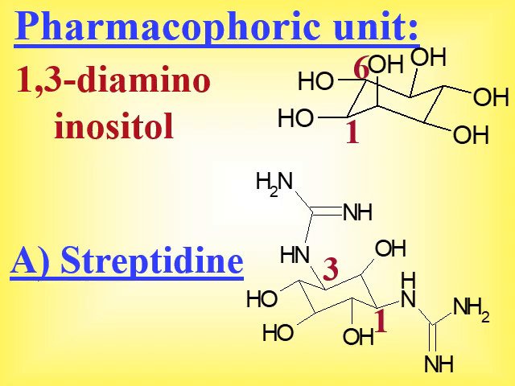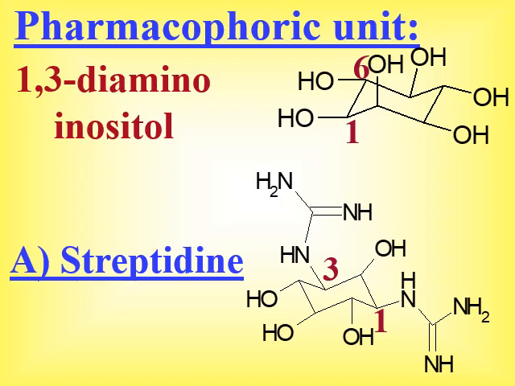Pharmacophoric unit. The aminoglycosides are formed of 1,3-diamino-inositol. What does inositol mean?